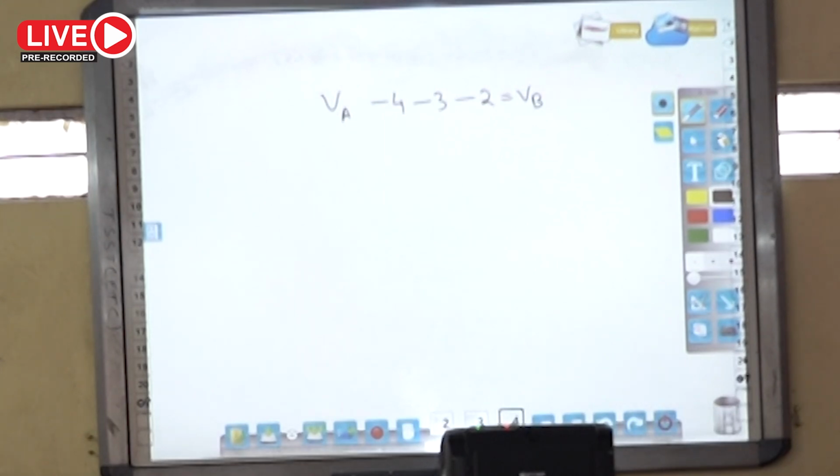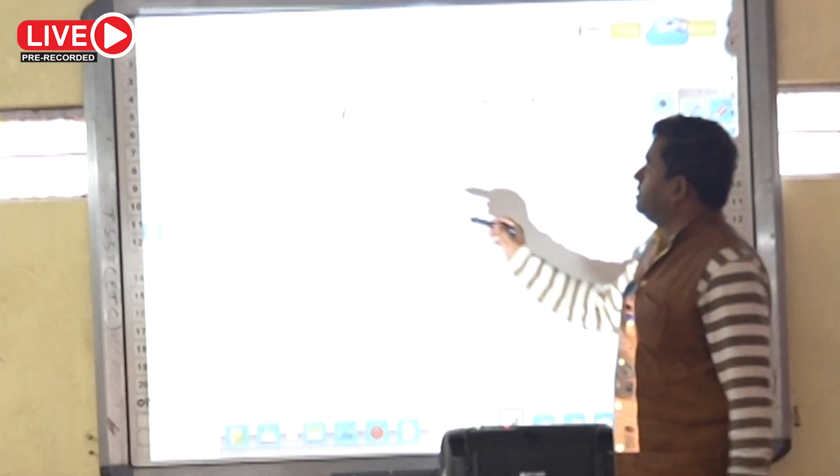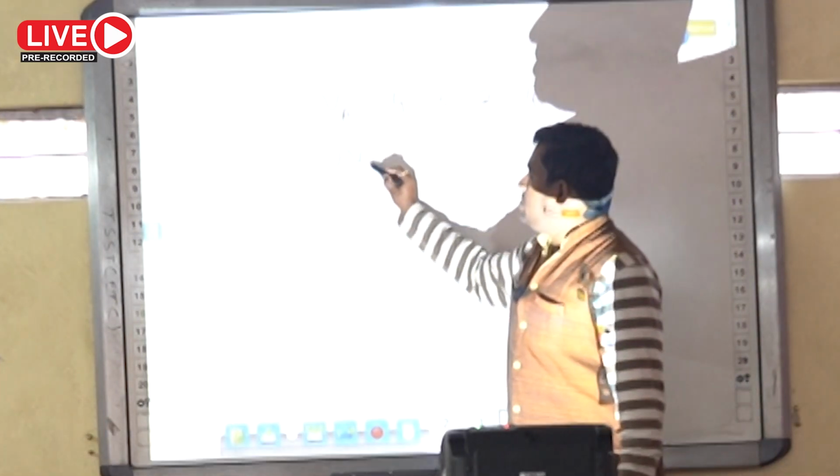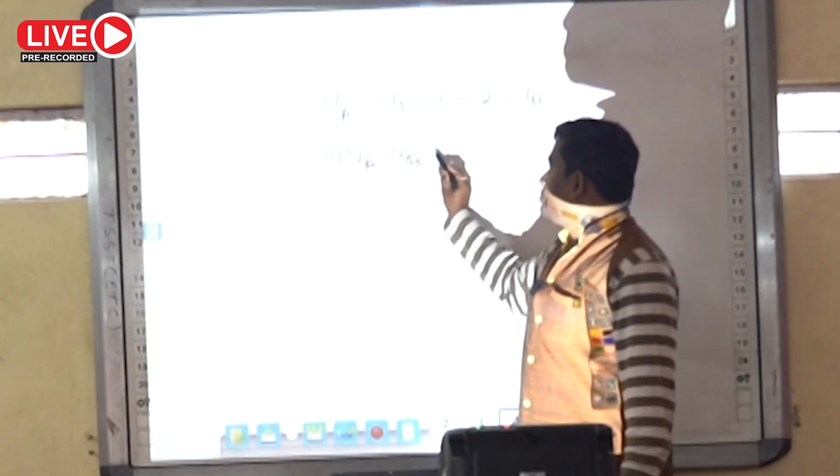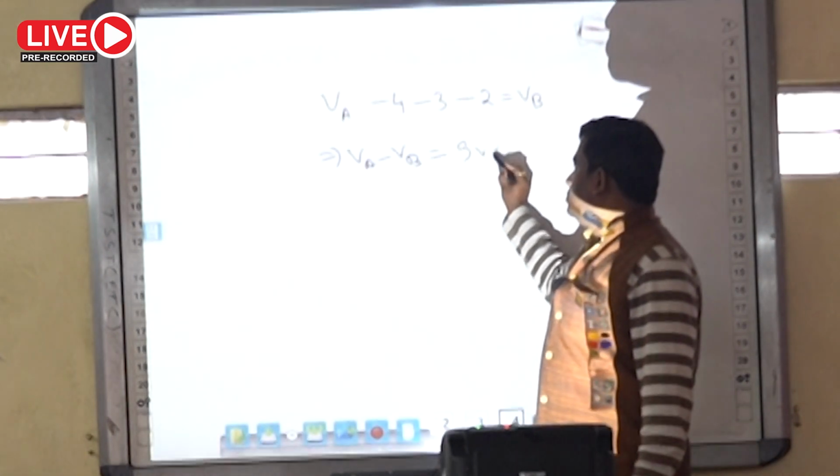I covered the loop in anti-clockwise sense, so I am going opposite to the current. So potential drop for the resistances is considered negative, and for the cell I am going from negative to positive. So that's why minus. So from this you can write VA minus VB, that is required in the question, equal to 9 volt.